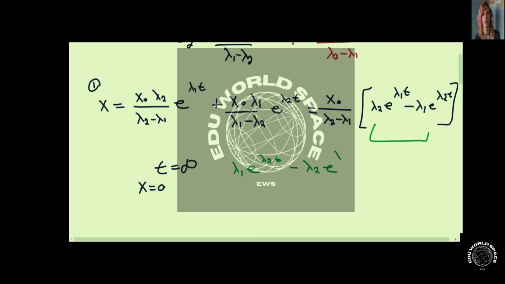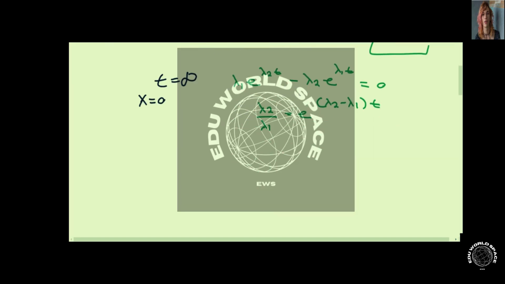And we're going to put the lambdas on one side. So lambda 2 divided by lambda 1 equals e^((lambda 2 minus lambda 1) t). Okay. And for this, we end up getting that your lambda is what we're kind of looking at. We're speculating.